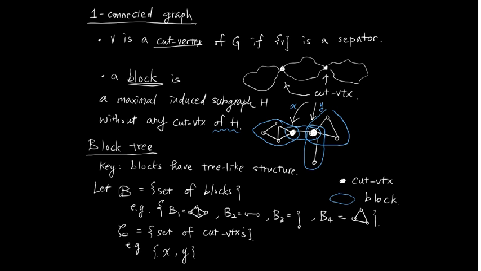And you can build a graph like this. You can draw the cut vertices first, and then I draw squares, but each is just a vertex, representing a block: B1, B2, B3, and B4.